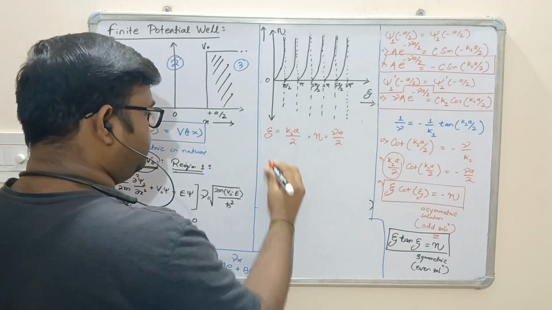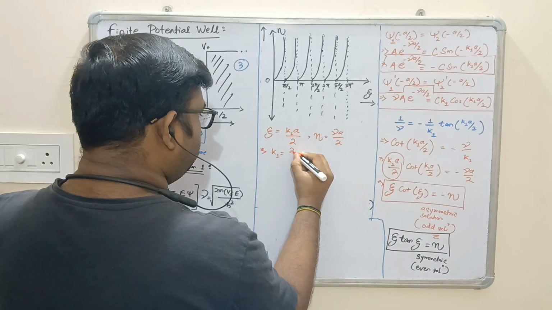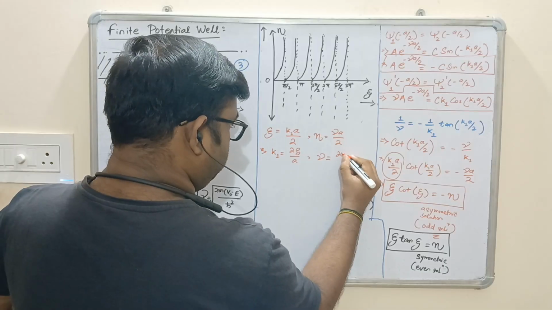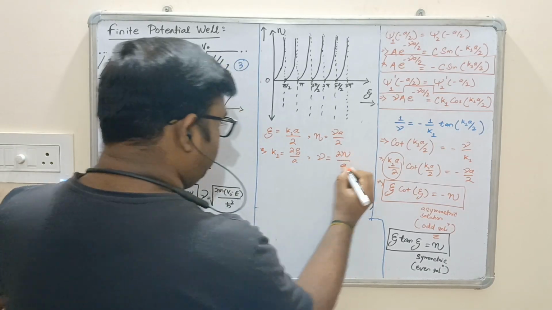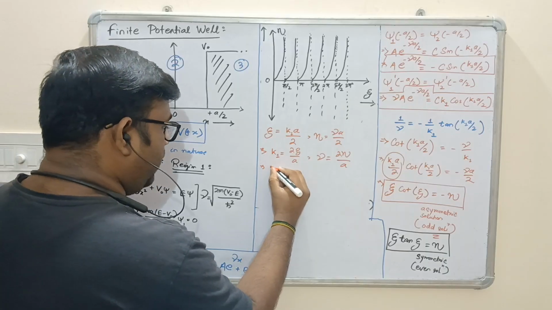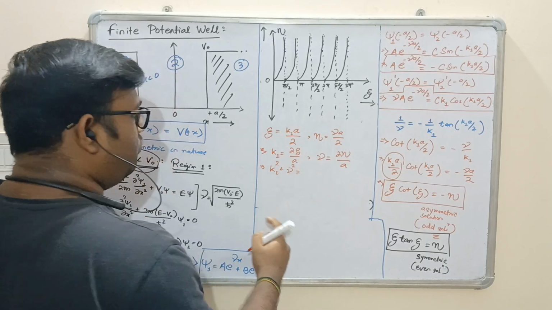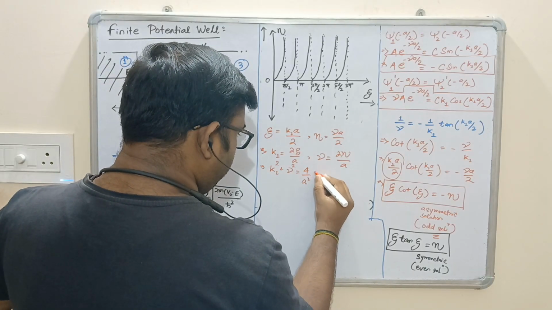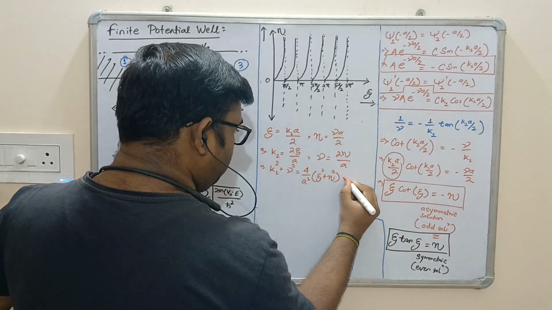From this, we can find K1 to be 2 E by A and nu to be 2 eta by A. When you take the square of it, K1 square plus nu square, what will we get? We will get 4 by A square into E square plus eta square.